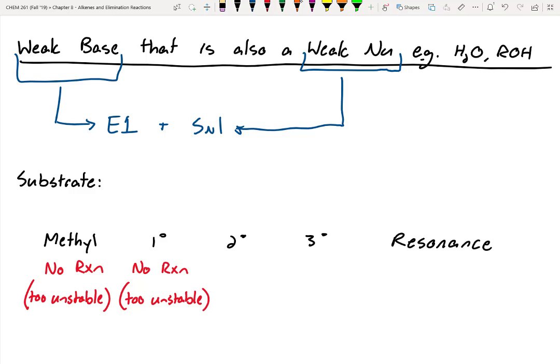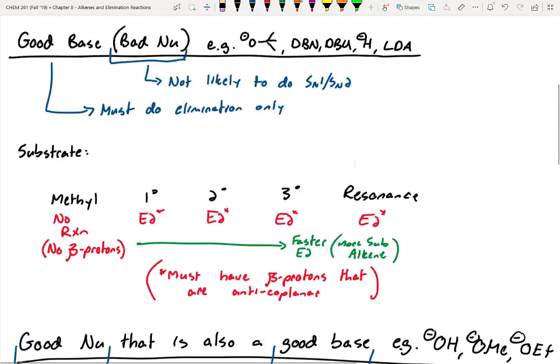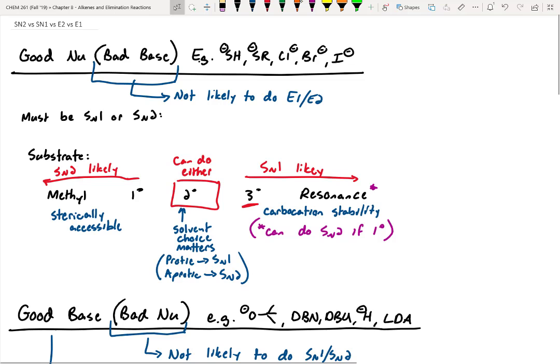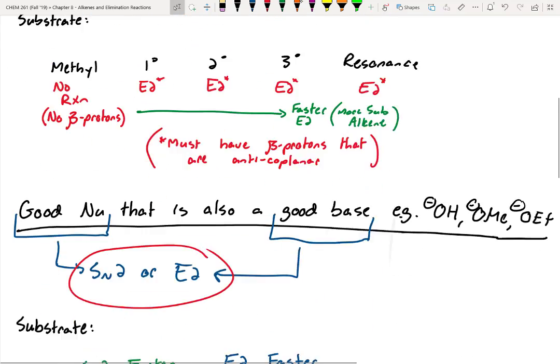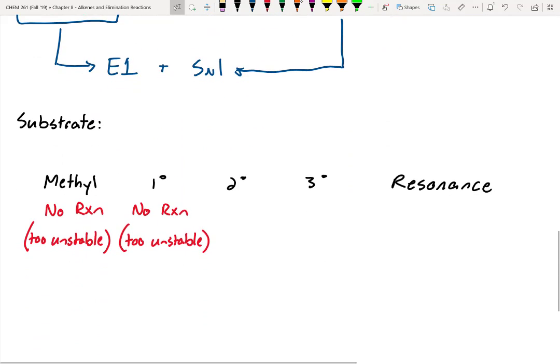All right, now let's think about secondary. So secondary carbon, can a leaving group fall off? Yeah, it's possible. We saw that up here, where we said it could do SN1 in particular in a protic solvent. So down here we could say SN1 is possible. What about E1? Is E1 possible? Yep. What about with tertiary?